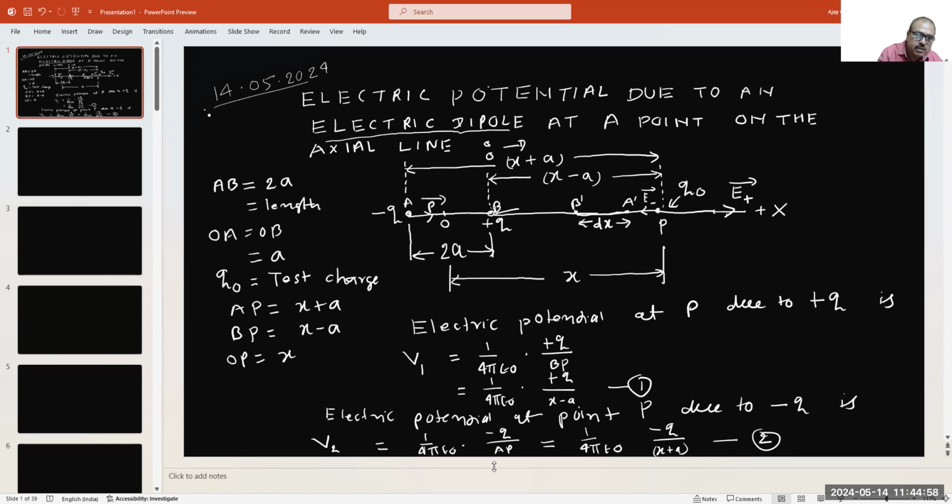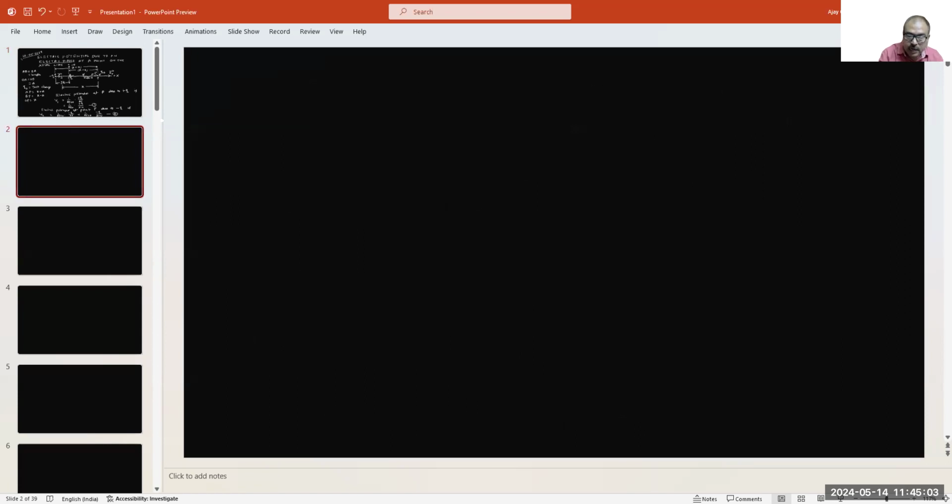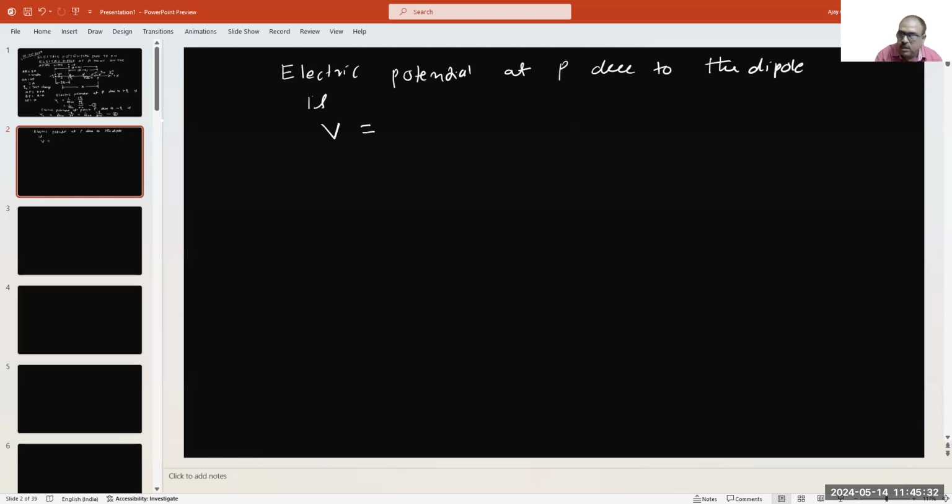Now come to the next page. Write the total electric potential at P due to the dipole. Write common V, but this V is not individual.